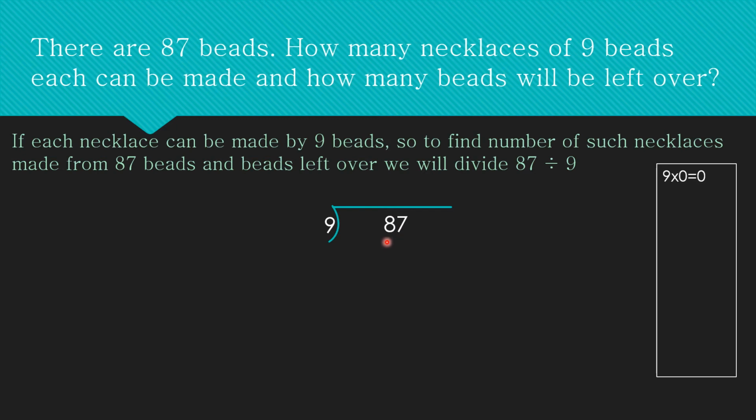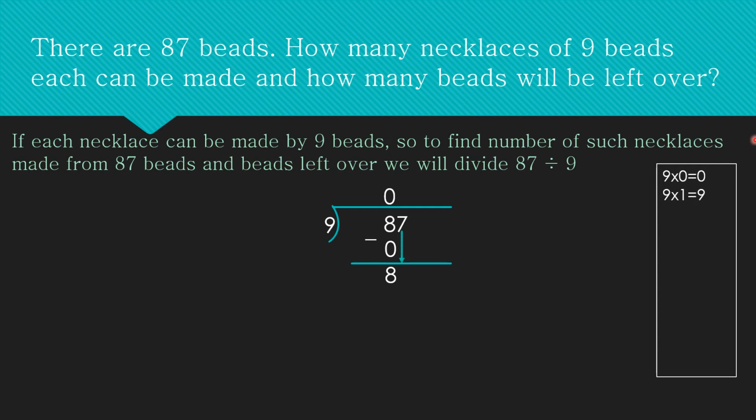So 0 we will write on the top and the other 0 we will write below the 8, which is the product. Now 8 minus 0, we will get the answer 8. Now we will take this 7 down next to 8.